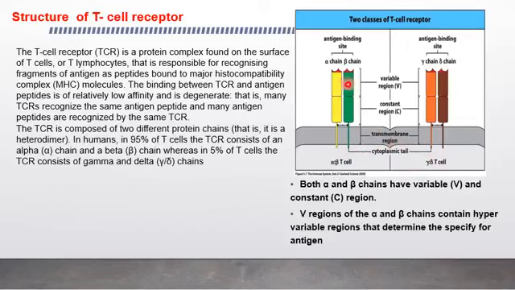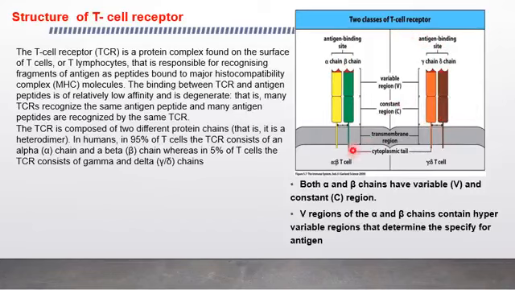The variable and constant regions look like immunoglobulin, both of them. Alpha and beta chains are in 90 or 95% of the T cells, but gamma and delta T cells are just about 5% of the T cells. So this is the structure of the T cell receptors.